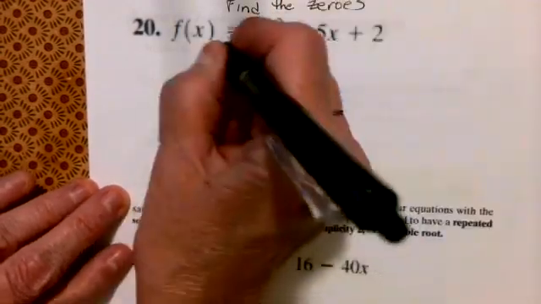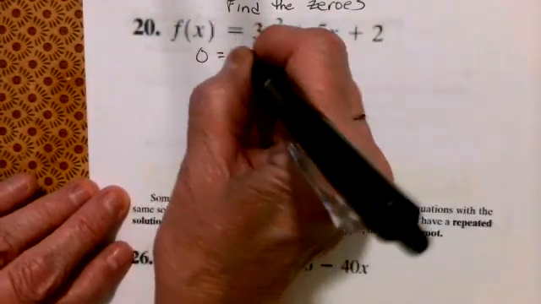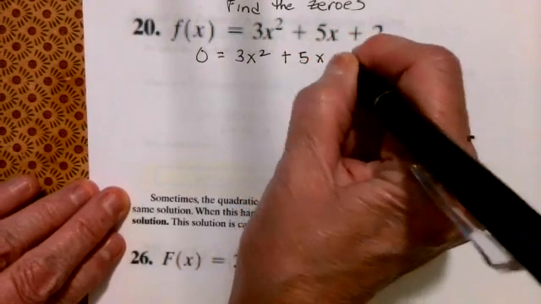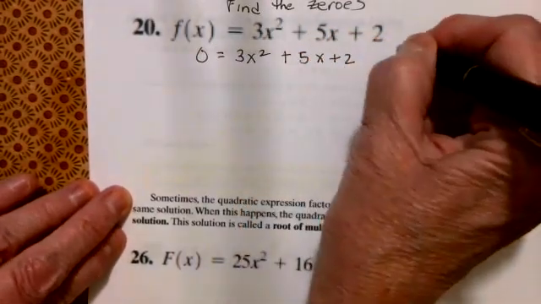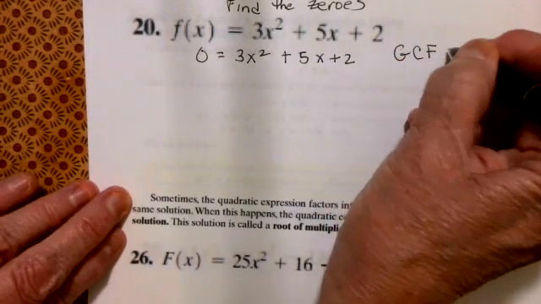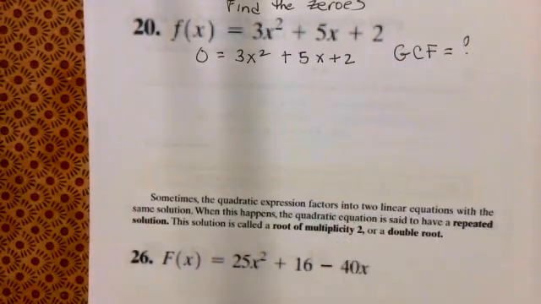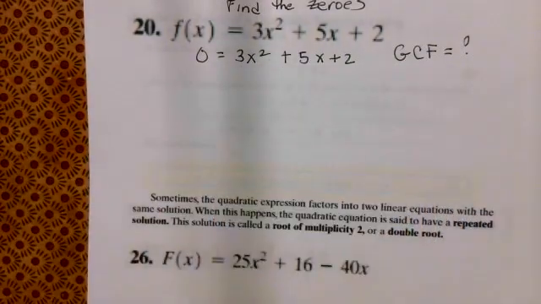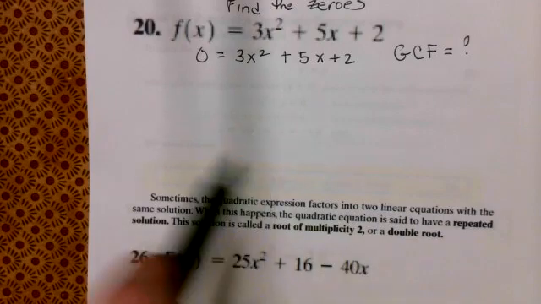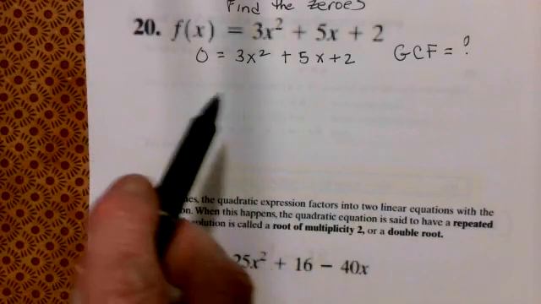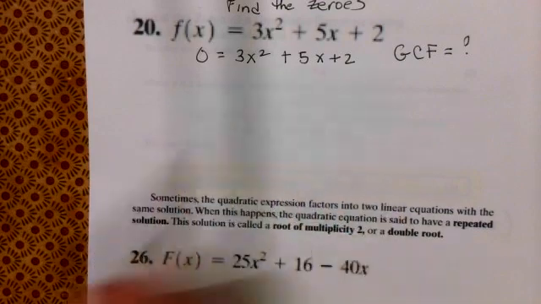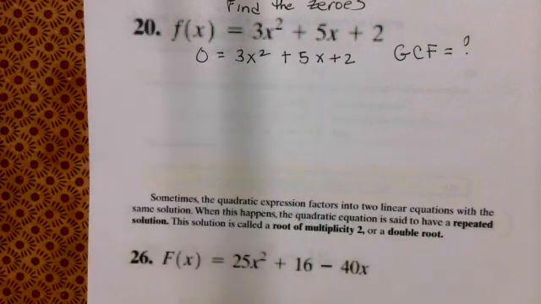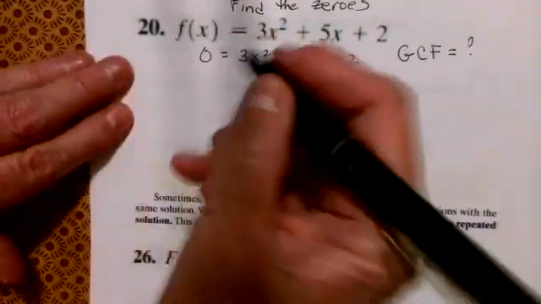So the first thing we're going to do is set y equal to 0. And then the next thing you always want to ask yourself is, what is the greatest common factor? Well, it's 1. The only integer that goes into 3, 5, and 2 is 1. So we can't factor any other number out, and there's no point in factoring out a 1. So the way I do it is called the grouping method.